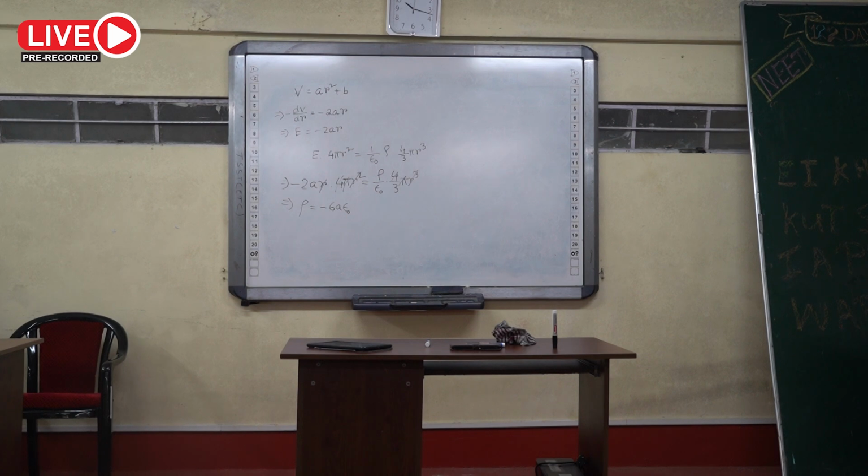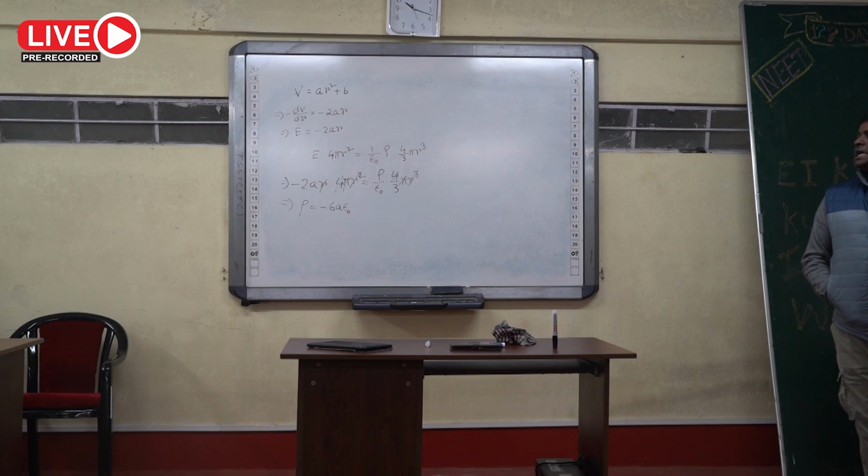So from the given formula for V, first calculate electric field and then use Gauss's theorem that electric flux coming out of a closed surface equals charge enclosed by epsilon naught. Since it is spherical, electric field is constant over all points, so no need to integrate.